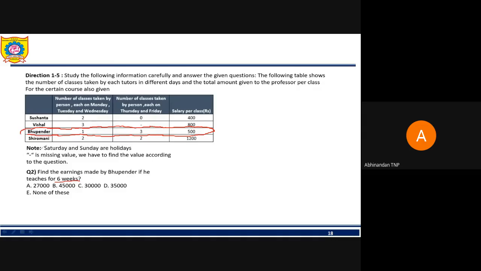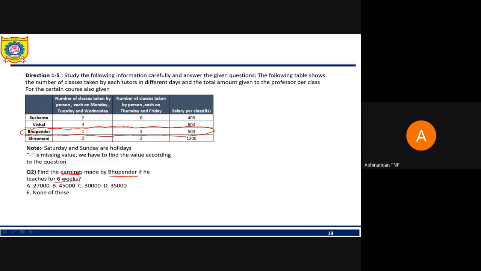Find the earning made by the Bhupender if he teaches for 6 weeks. First of all, you have to find out how much is the earning for 1 week by Bhupender.